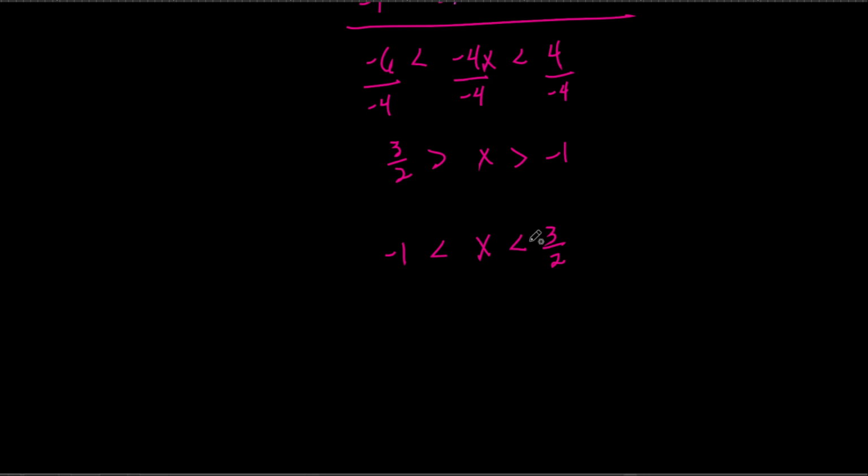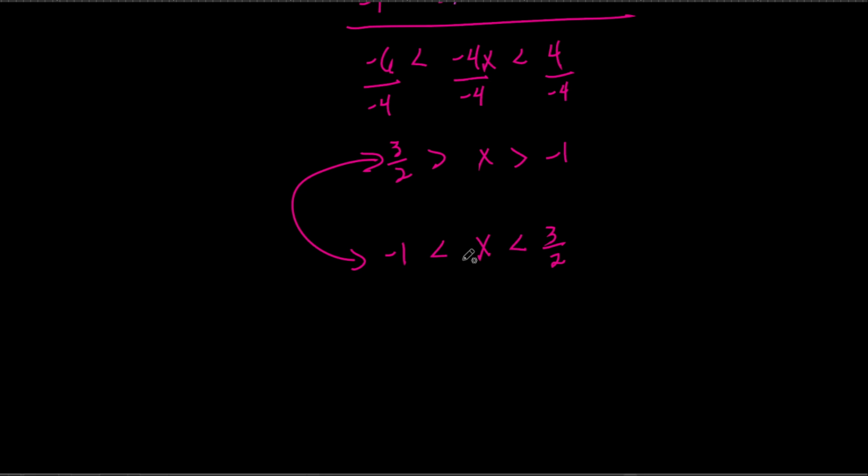So doesn't this and this say the same exact thing? Yeah, because look, if I read this from right to left, x is what? If I'm going right to left, less than 3/2. Isn't that what this is saying right here? X is less than 3/2. Or x is greater than negative 1. This says x is greater than negative 1. It says the same exact thing.